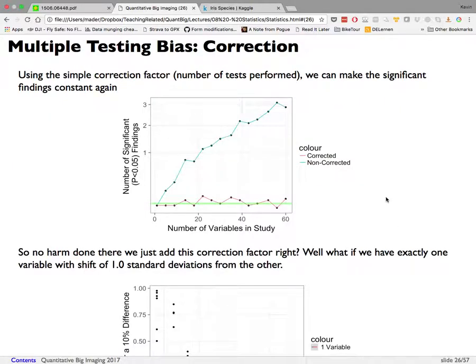And so this is why we have multiple testing correction, which is one of the very small things you can do, where you start to divide by the number of tests performed, so that even when you go up to 60 variables, the number of significant findings stays low.